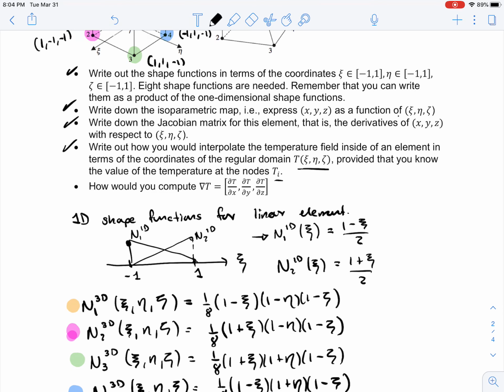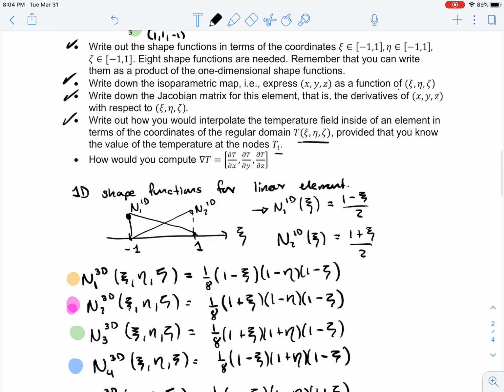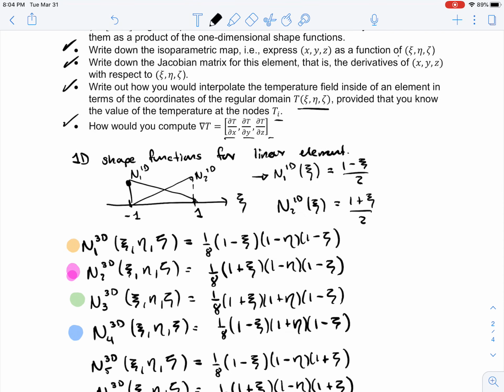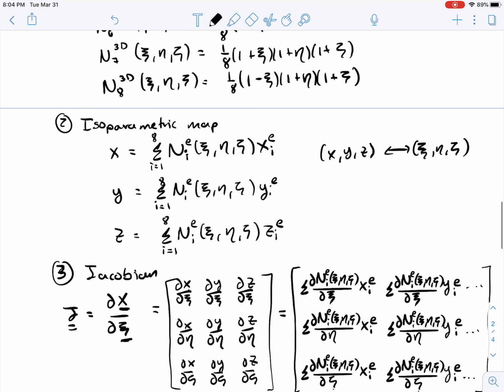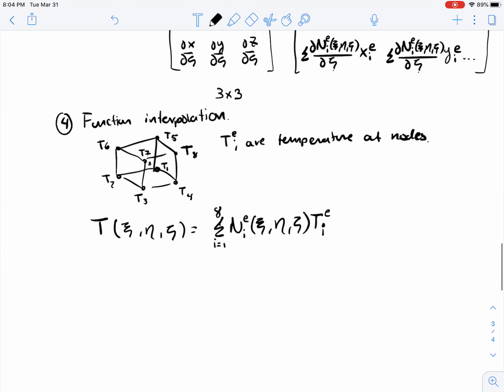And then finally, what if you want to compute the gradient of the temperature? Note that the gradient means derivatives with respect to x, y, z. This is something that I did a video on just before spring break, so go check that out.